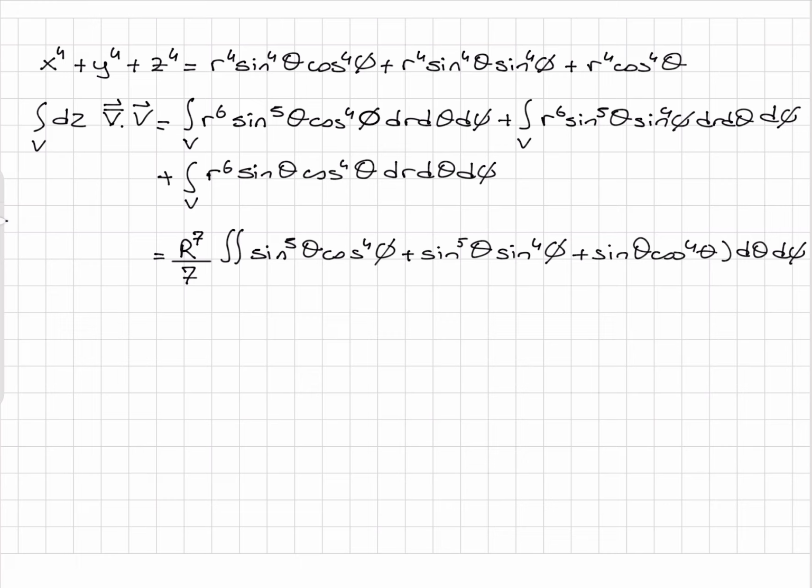For the full volume integral, theta goes from 0 to pi and phi goes from 0 to 2 pi. That's how we do the full volume.